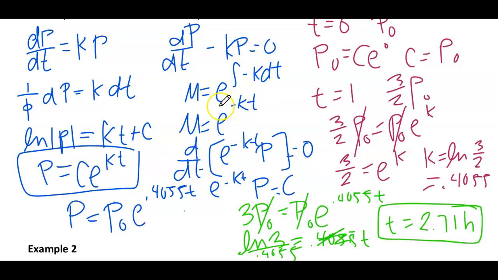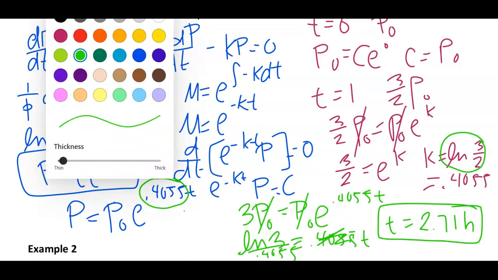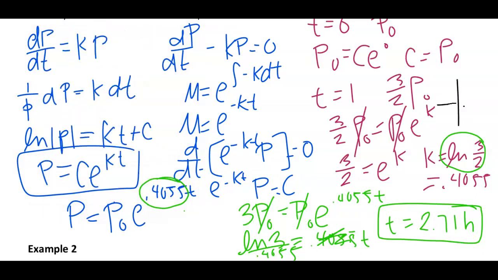All right, so that's an example of exponential growth. Notice our k here ends up being positive. That's because when we're solving for k, we're taking the natural log of something bigger than 1. Looking at the natural log function as a parent function, the natural log of 1 is 0.